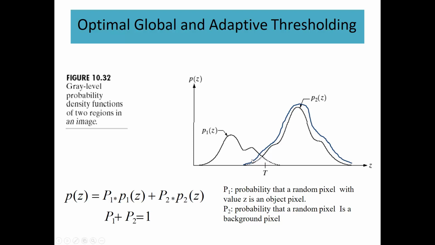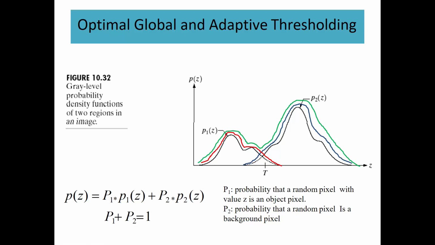Now this blue color indicates p2(z) and the red color represents p1(z), and this green color indicates the overall probability density function, that is p(z). So in this particular case, if we choose a threshold T somewhere here, I can say that if f(x,y) is greater than T, then (x,y) belongs to an object.